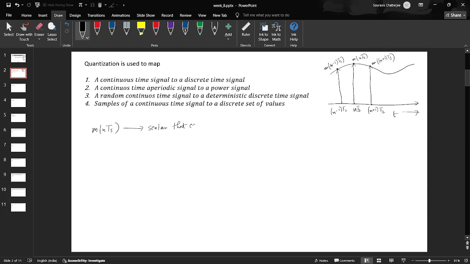that can take infinitely many values. And remember, when you talk about digital signal processing, it's all about zeros and ones.